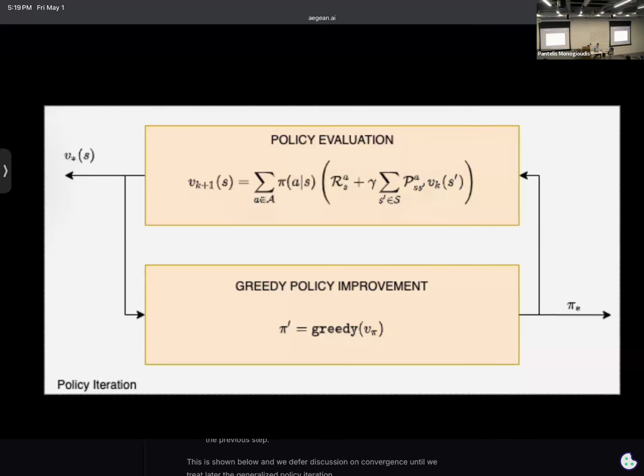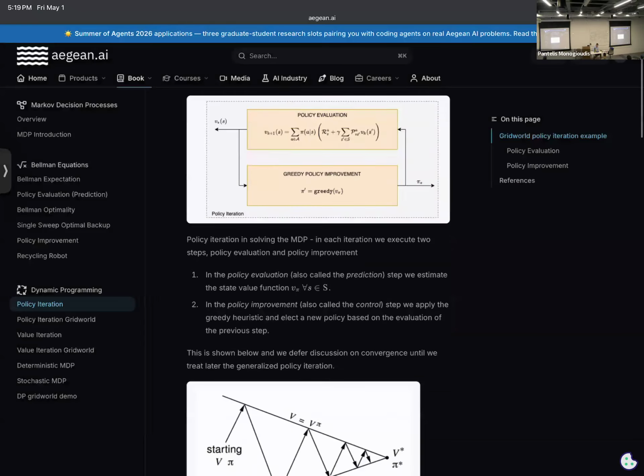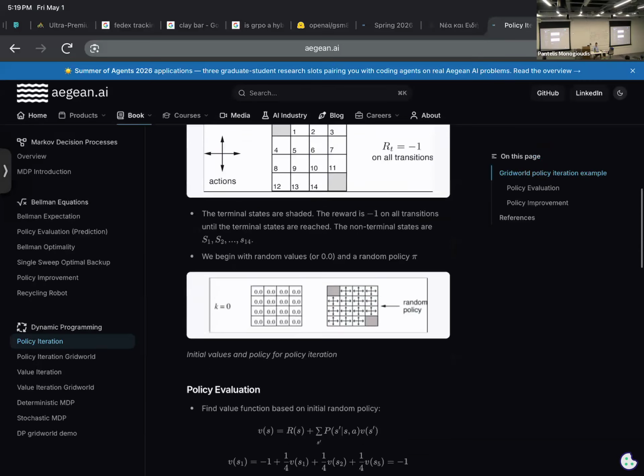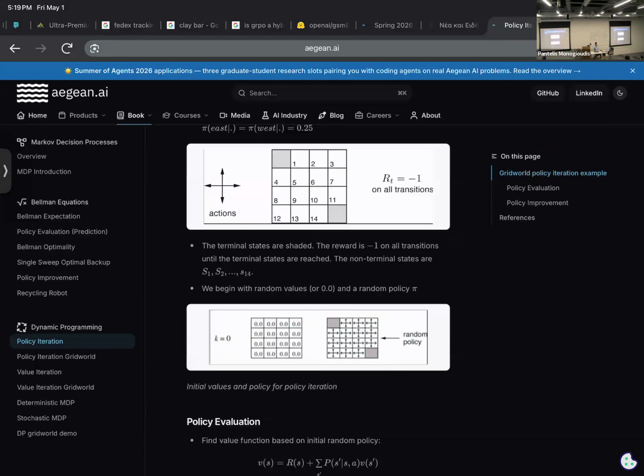So we saw this specific example over here, which I really advise you to look at step by step. I didn't go line by line through the manual derivation of this problem, but I gave you a grid world, and I asked you to apply on that grid world the policy iteration scheme in order to find the pi star. In other words, for each and every square, I want to see an arrow.